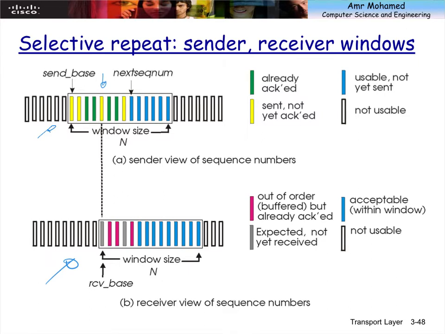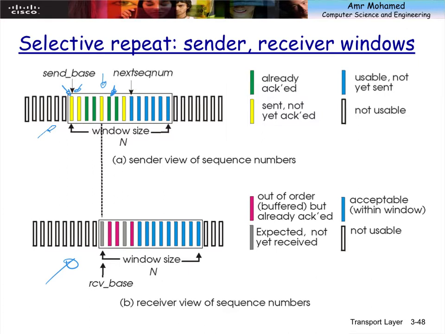Some segments I sent and I did not receive the acknowledgement for. Some segments I sent and I received the acknowledgement for, but I cannot slide the window. Why? Because the first segment in the window was not acknowledged.